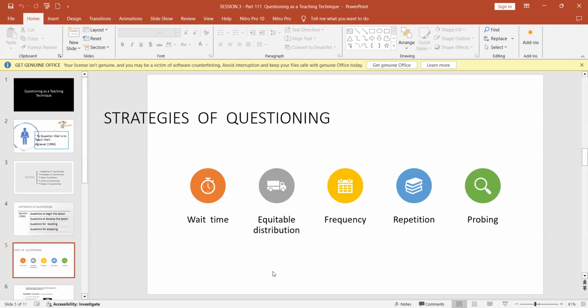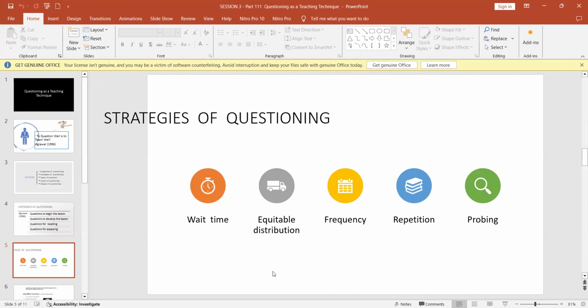So these are the five strategies of questioning. That is asking questions to maximize the use of questioning. To make the questioning very effective in the class, you have to give wait time. You have to make sure that they are equitably distributed. You have to ask questions very often or frequently.